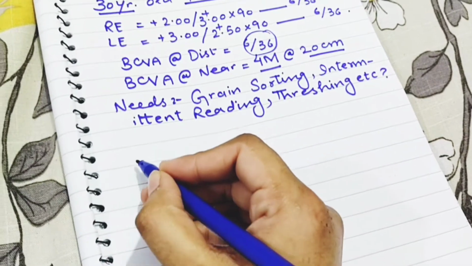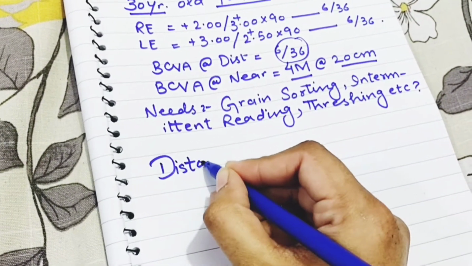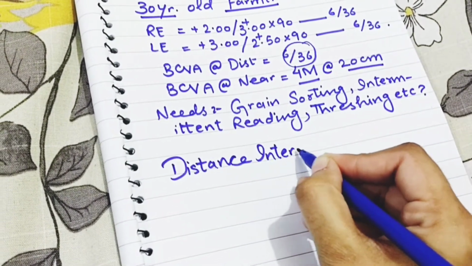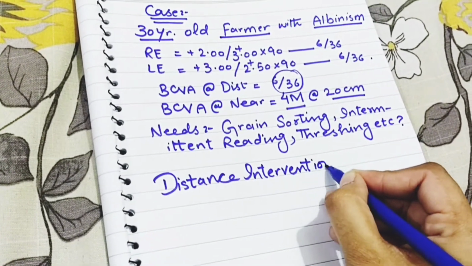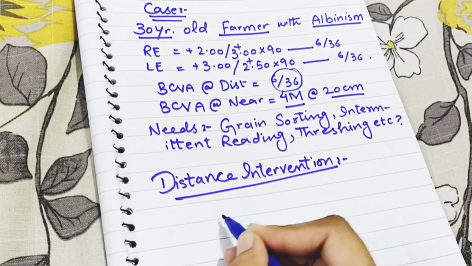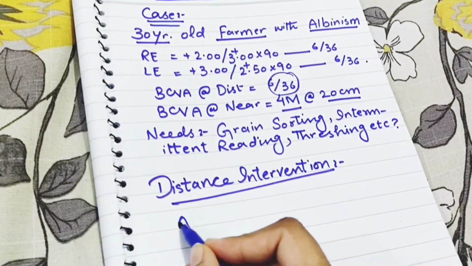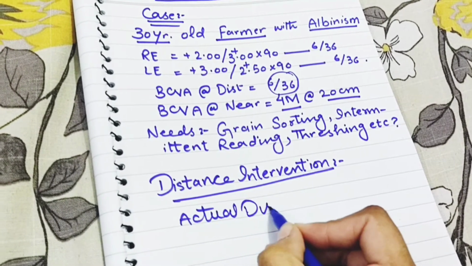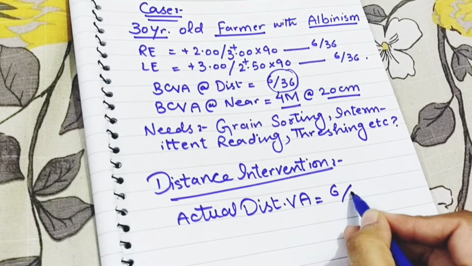So first of all we will do distance intervention. In this case we can see the patient has best corrected visual acuity of both eyes equal, that is 6/36. So this is the actual distance visual acuity, 6/36.